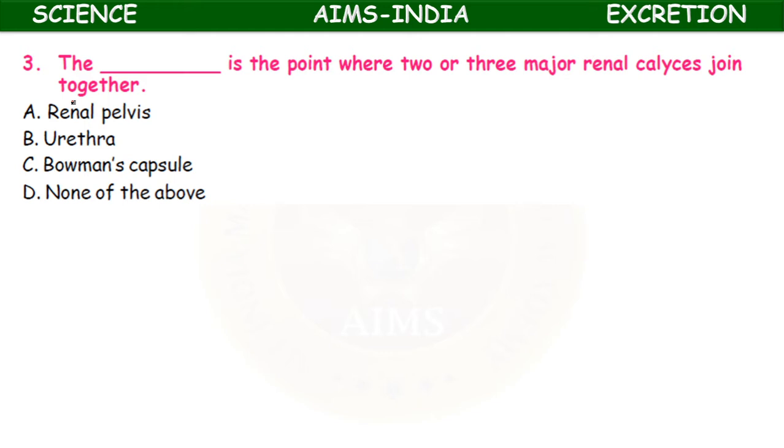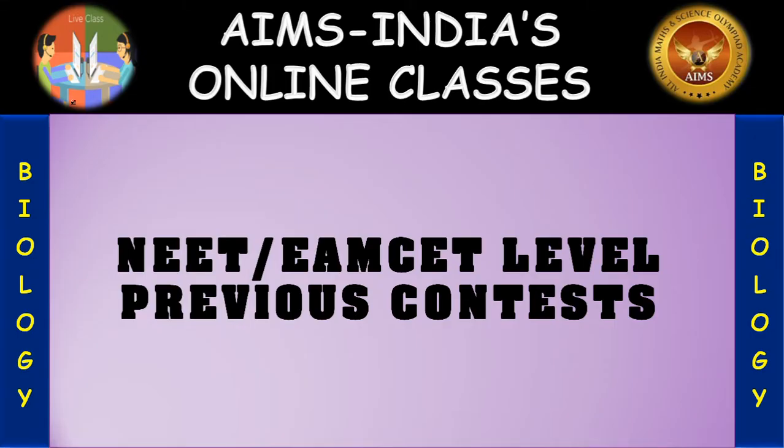The dash is the point where two or three major renal calyces join together: renal pelvis, urethra, Bowman's capsule. It is the renal pelvis. You can see here in the diagram.